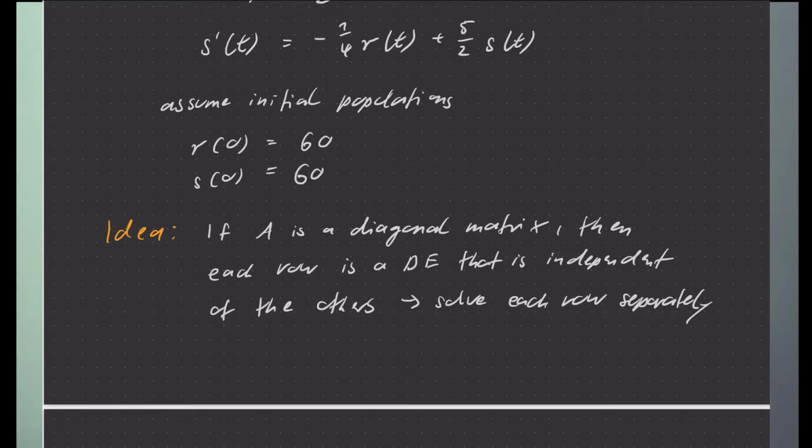Such a state, where each of the rows are independent from each other, so where A is a diagonal matrix, would be called a decoupled system.